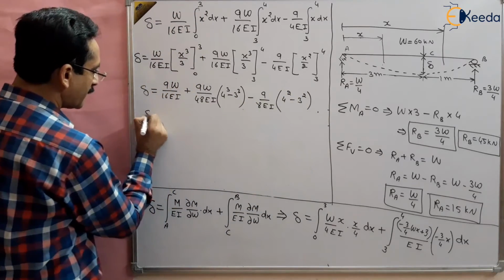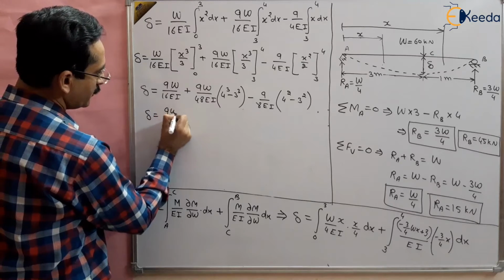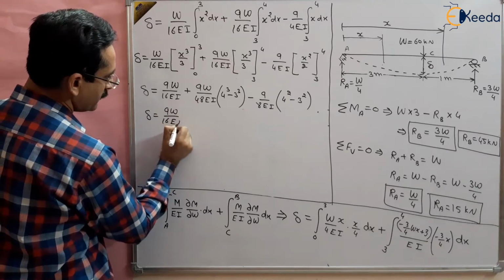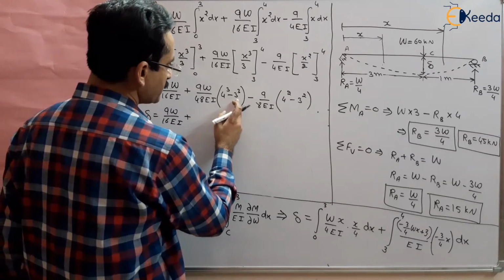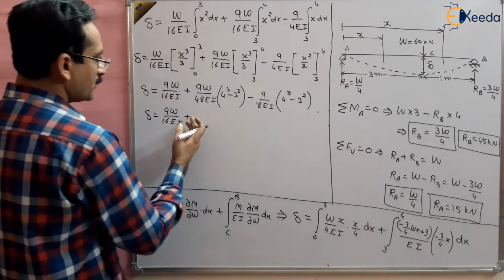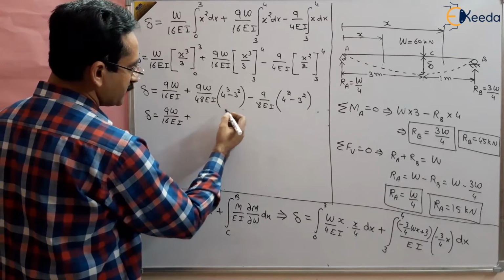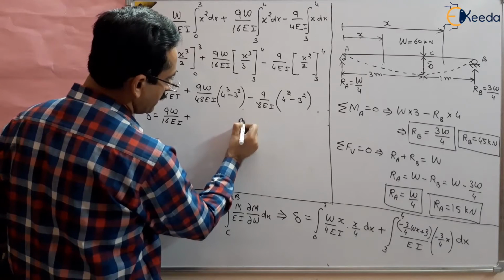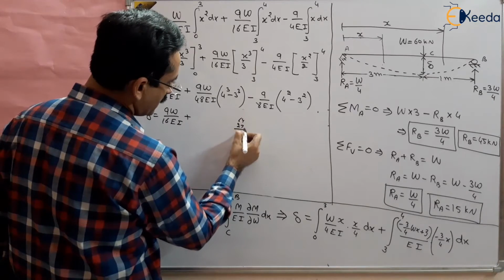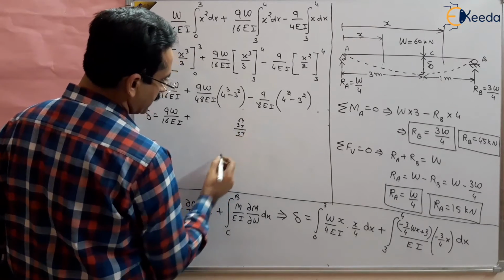So finally you will get delta equal to 9W/16 EI plus 64 minus 27. So you will get 64 minus 27 as 37, right?